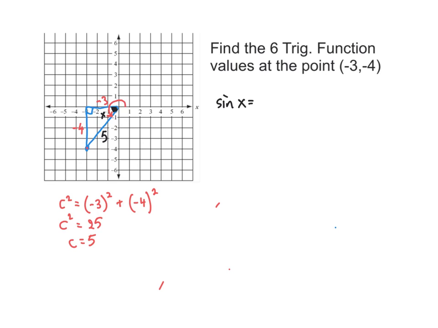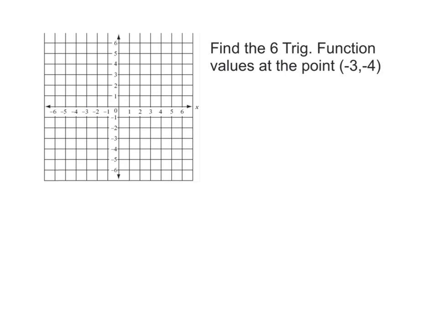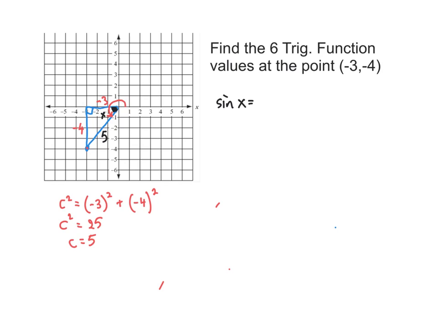So sine x equals opposite, which will be negative 4, over the hypotenuse 5. That will be the sine, negative 4 over 5.